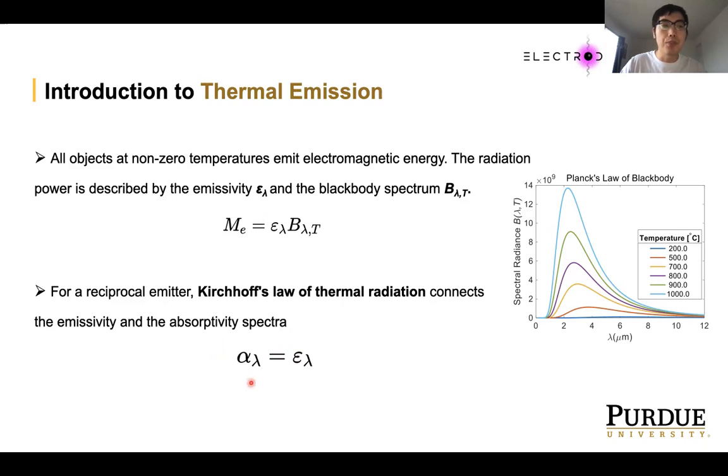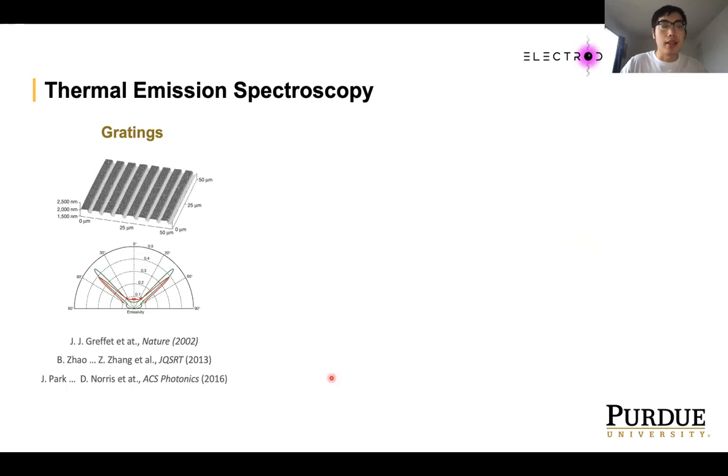Kirchhoff's law really connects the field of photonics and thermal radiation engineering, because on one hand, by engineering the optical absorbance, we can achieve effective control of thermal radiation. On the other hand, by measuring the thermal radiation, we can probe both the optical and thermal properties of different systems.